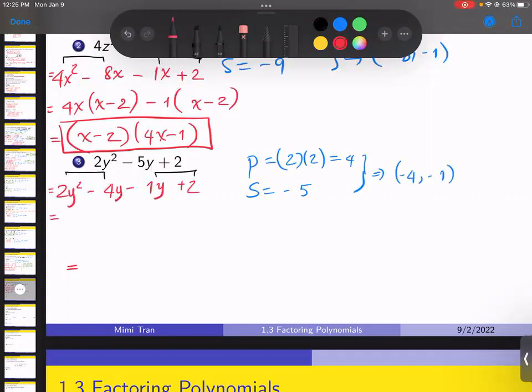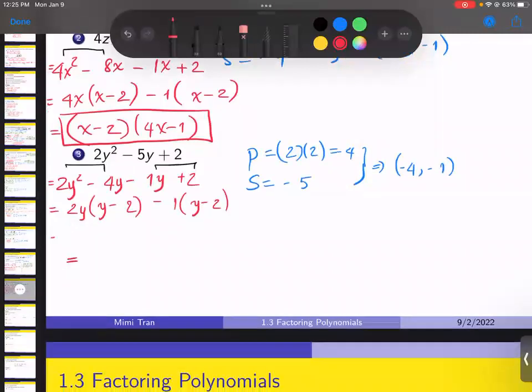Group the first two and last two. Factor out 2y. So what's left is y minus 2. Factor out the negative 1. So y minus 2. y minus 2 times 2y minus 1. And then you can check it yourself.